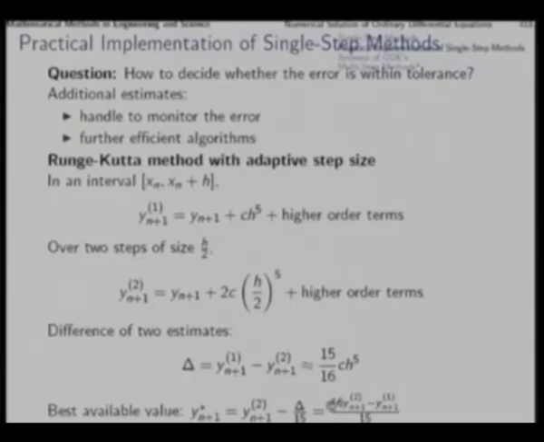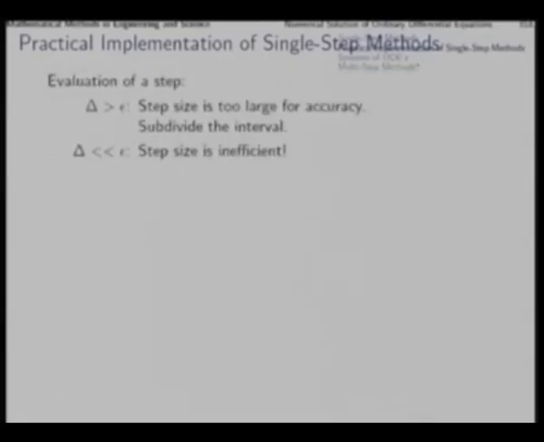One is an estimate of yn plus 1, which is better than both of these, and two, you get an error estimate of this, that is C h to the power 5 by 16, which is the difference of these two divided by 15. So, now you can say whether that is within your required accuracy, within your tolerance.